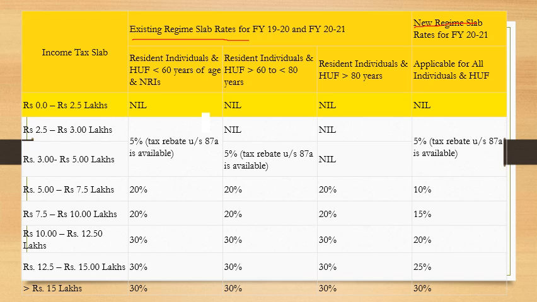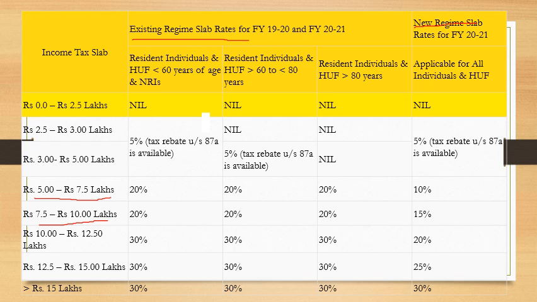See, suppose let me take up this example, 5 to 7.5 lakhs and 7.5 to 10 lakhs. In this old regime, if it is between 5 lakhs to 10 lakhs, you have to pay 20% as the tax. Suppose your taxable income is 5 lakhs 10,000 rupees, then also you have to pay 20%.